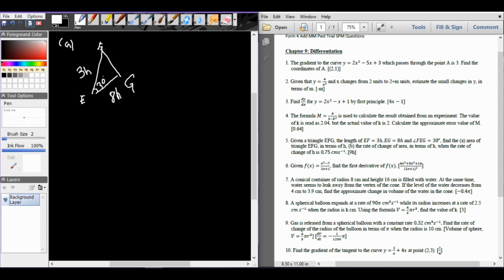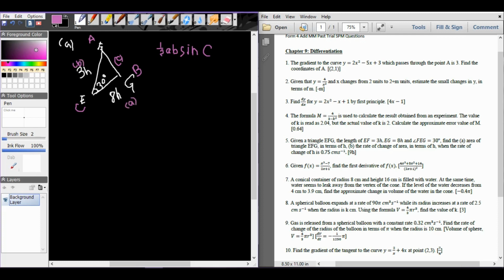Do you still remember the formula for us to find the area of a triangle? This will be half ab sine C. Let's say this is A, B, C for the vertices. The side opposite to vertex C is small letter c, this is small letter b, and this is small letter a.